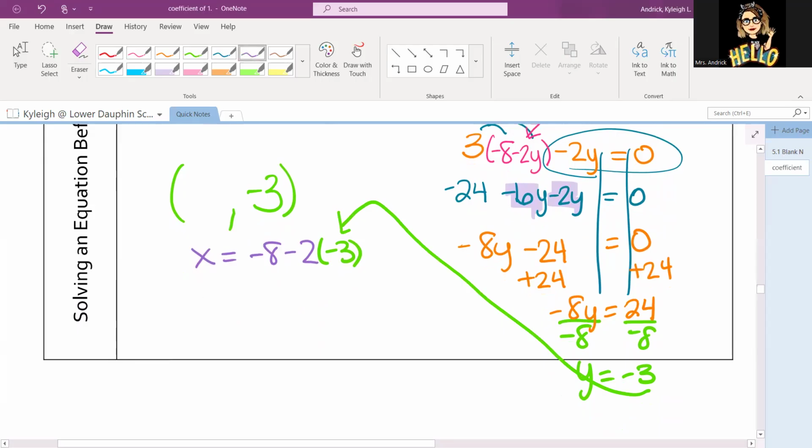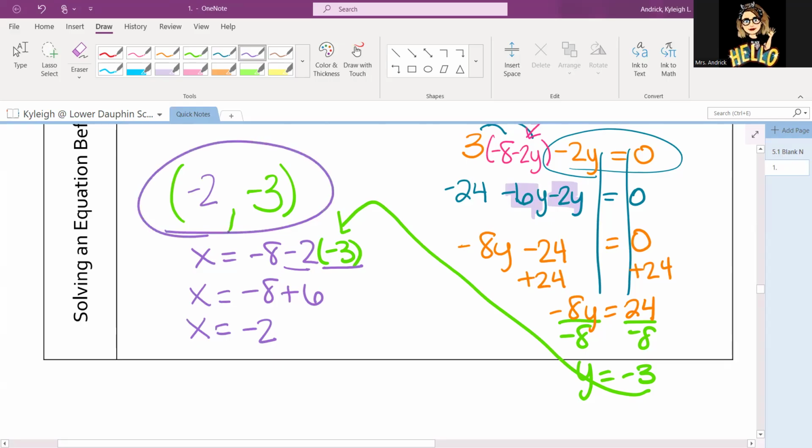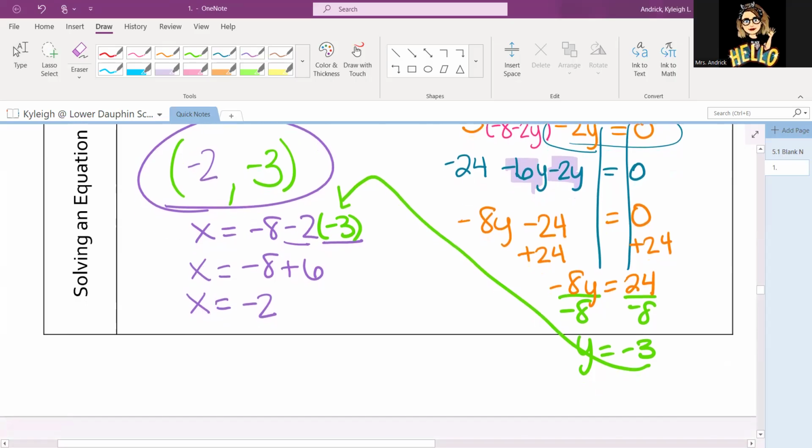We're going to solve this now. X equals -8, -2 times -3 is +6. -8 plus 6 is -2. So that's my answer. This ordered pair right here is my answer. So I'm just plugging things into the other equation to solve the answer.